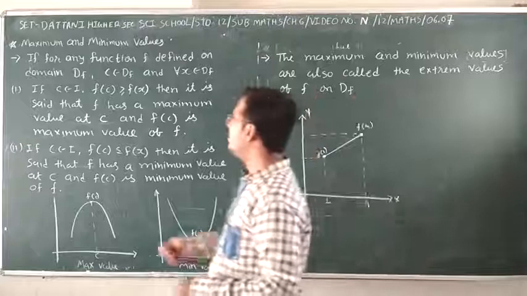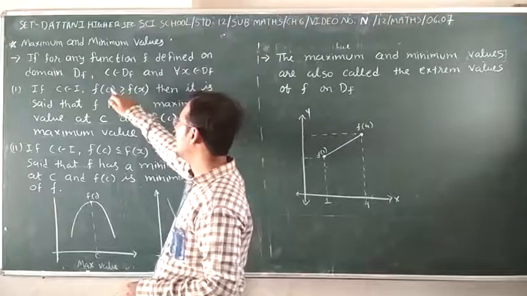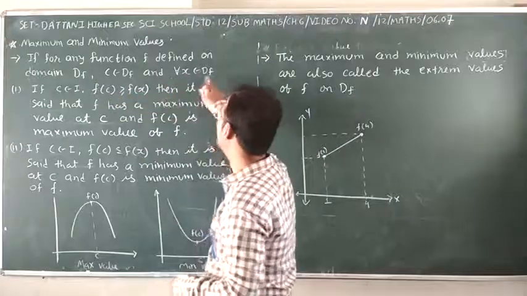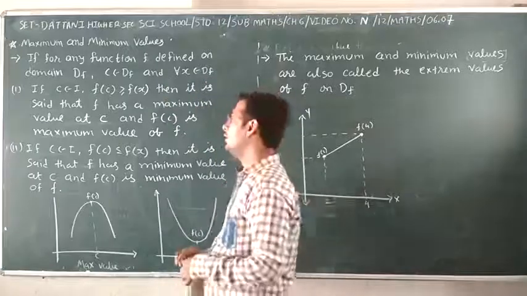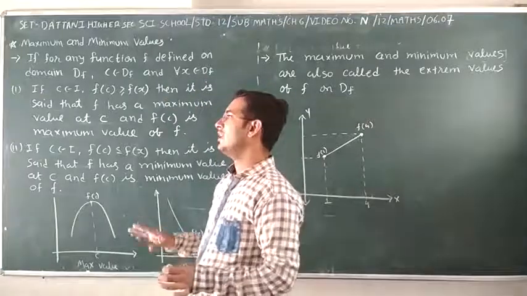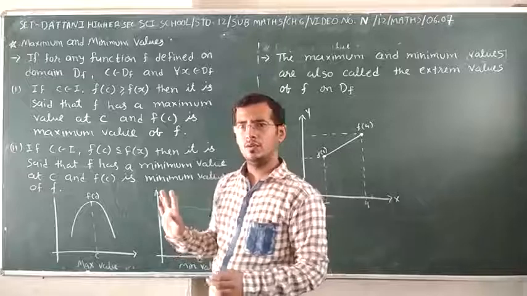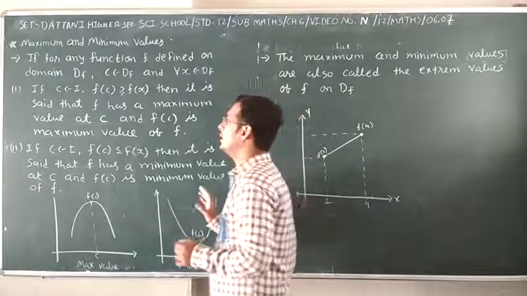For any function f defined on domain Df, c belongs to Df and every x belongs to Df. So these are the two points, c and x, that belong to domain Df.